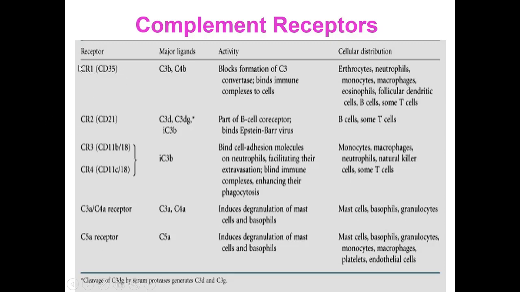As you see here, CR1 is an important receptor for clearance of immune complexes. CR1 is found on many cells: erythrocytes, neutrophils, monocytes, macrophages, and other cells.